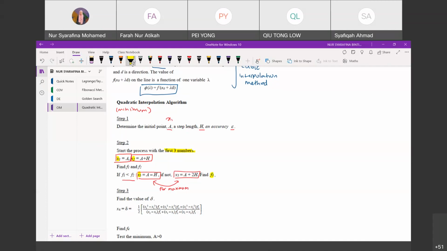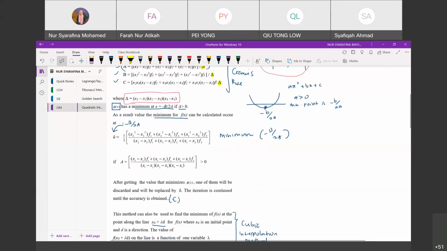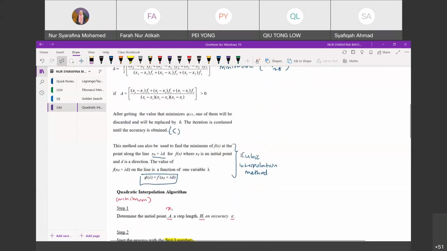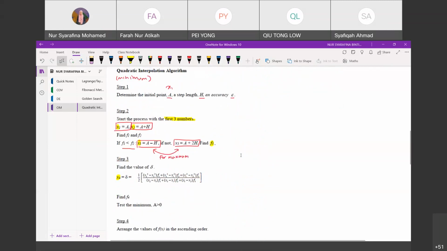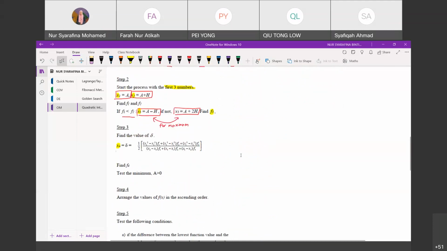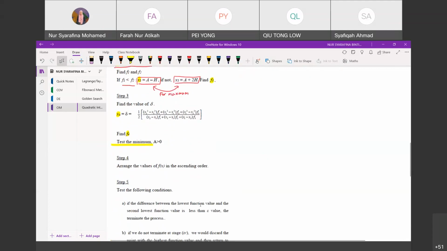Next, find the value of delta, where that delta can be used as x4. Where does this delta come from? How can we find delta here? So now you have x1, x2, x3, and x4. We need to find f4 and test the minimum. So how to test the minimum point? In order to test the minimum point here, you need to arrange the values of f(x) in ascending order.